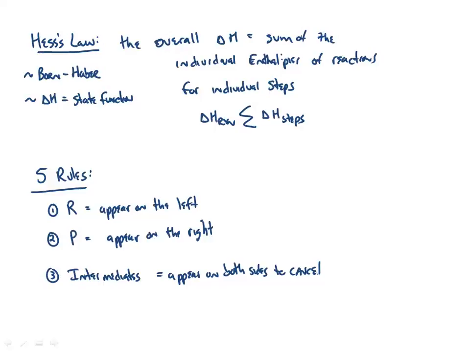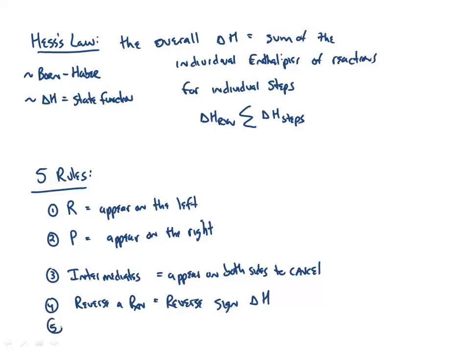In our Born-Haber cycle, when we were summing up all the reactions, anything that appeared on both sides gets canceled out. The other one is also a restatement of what we've said earlier. Basically, if we reverse a reaction, then we have to reverse or change the sign of the delta H.